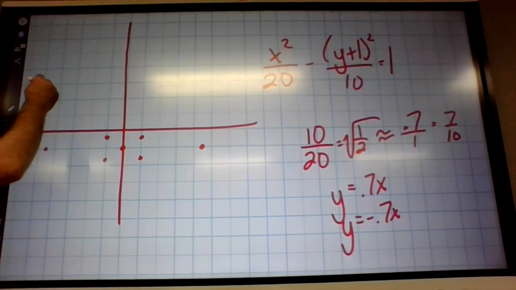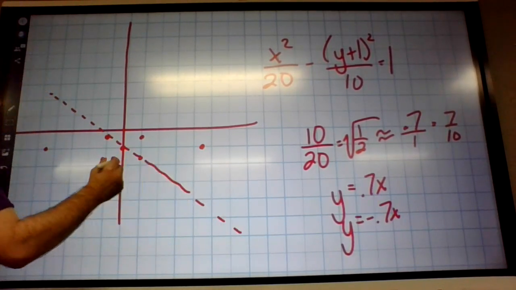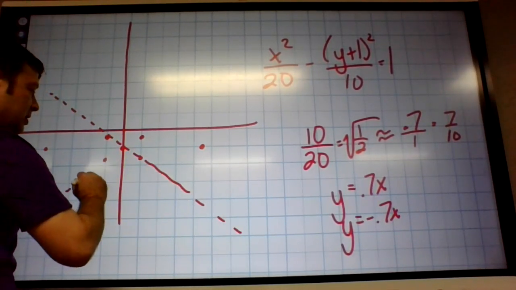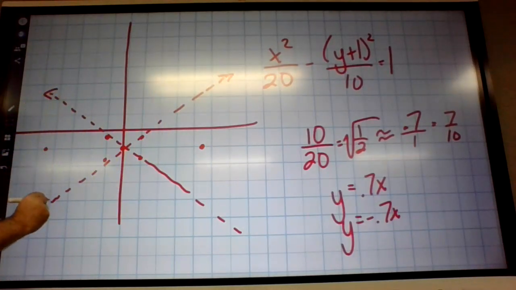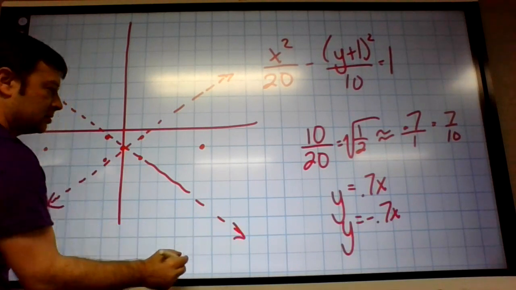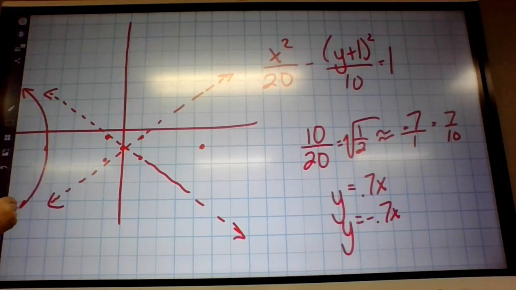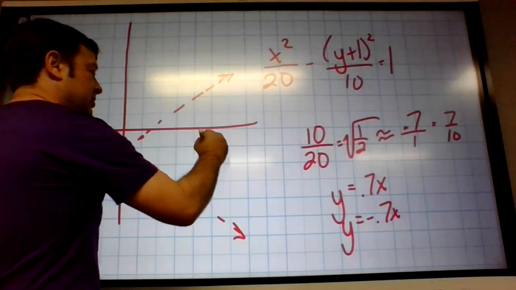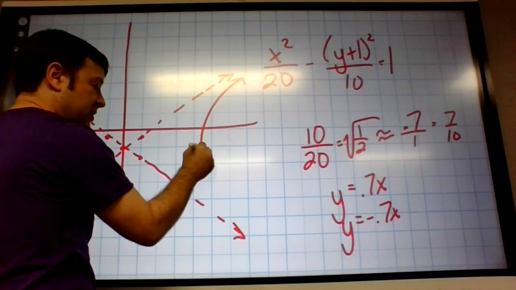Okay, anyways, let's draw dotted lines through there. And then you're supposed to draw your hyperbola. It goes out pretty quick, but it starts to turn. It approaches the asymptotes, gets closer and closer, never is going to get there though.